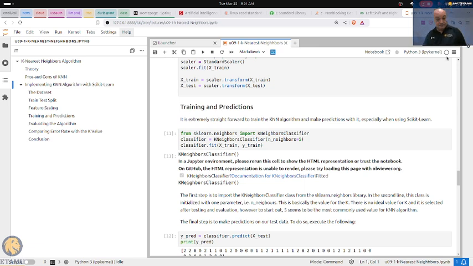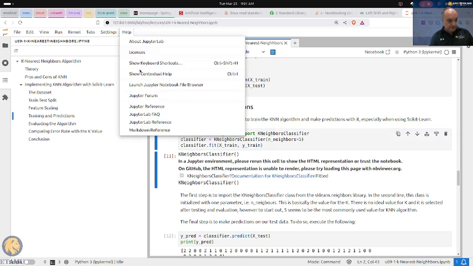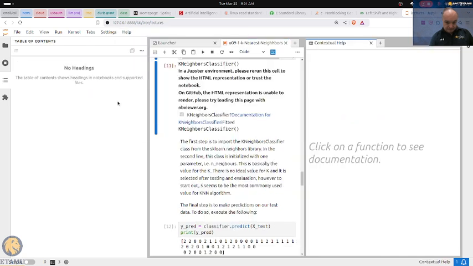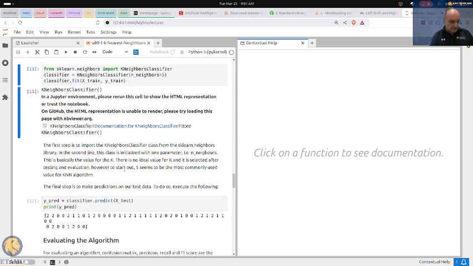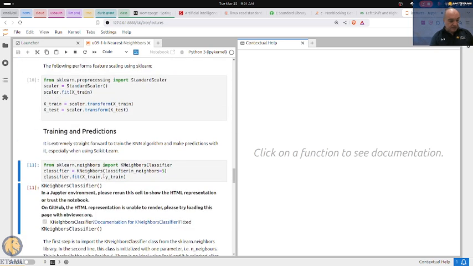Let me rerun the notebook. So here we're doing the basic steps to create a classifier and fit. It'll have all the methods that you're used to seeing in this class to perform classifications on a set of data.